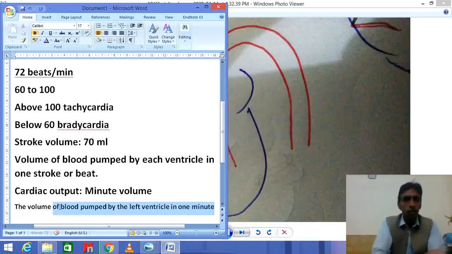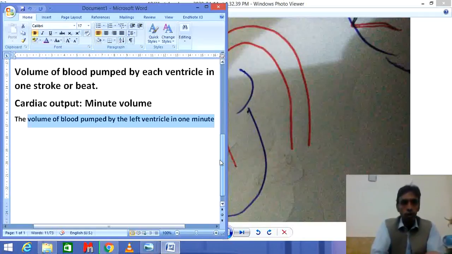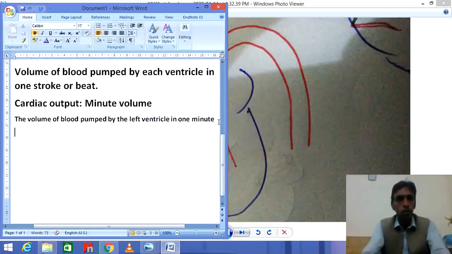The volume of blood pumped by the left ventricle in 1 minute is called cardiac output. How will we calculate the cardiac output? Cardiac output, CO, is equal to heart rate into stroke volume.